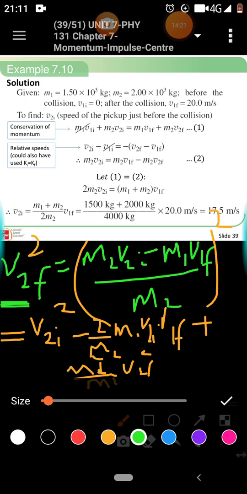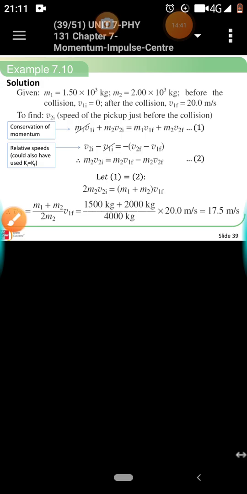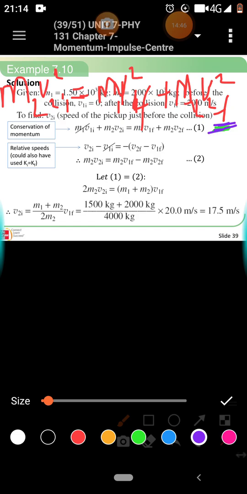In that equation you need to plug all this in, and then multiply by m2.